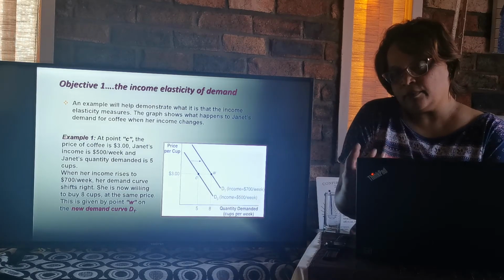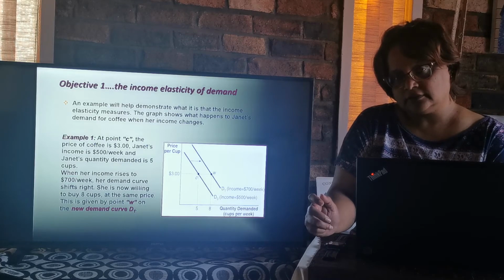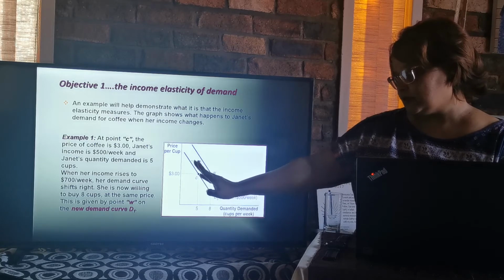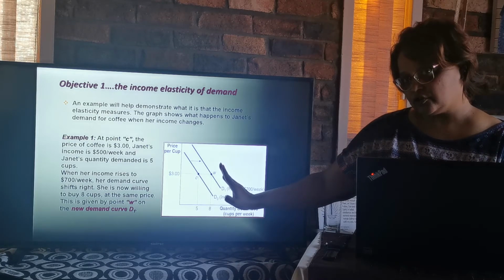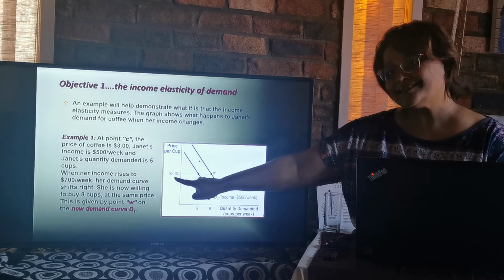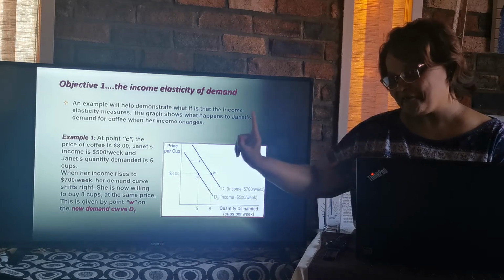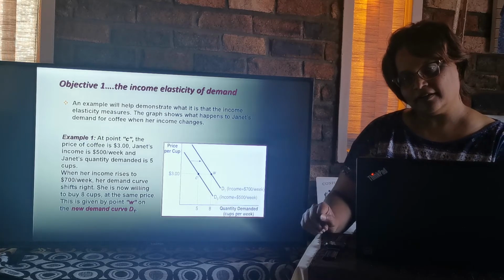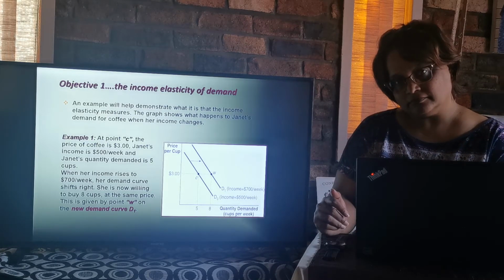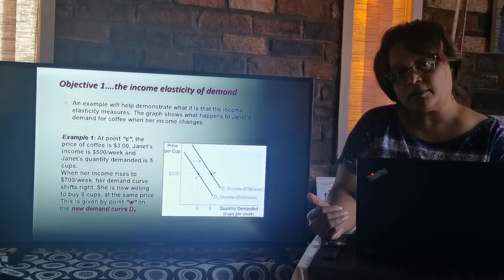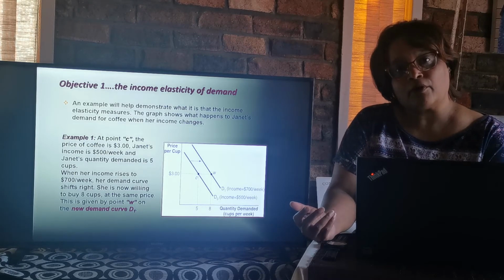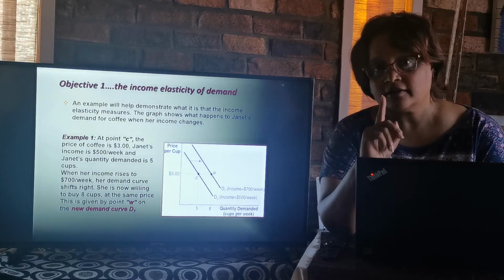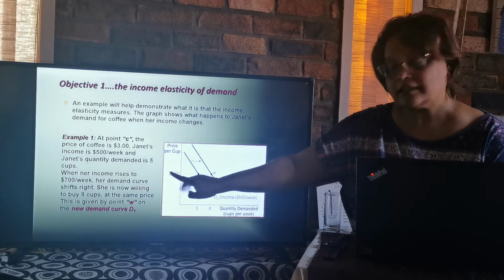That is what my income can accommodate. However, if my income increases to $700 per week, the price stays the same, but I can afford more now. Can you see that? An increase in my income also determined an increase in the number of items I demanded, provided the price stayed the same.